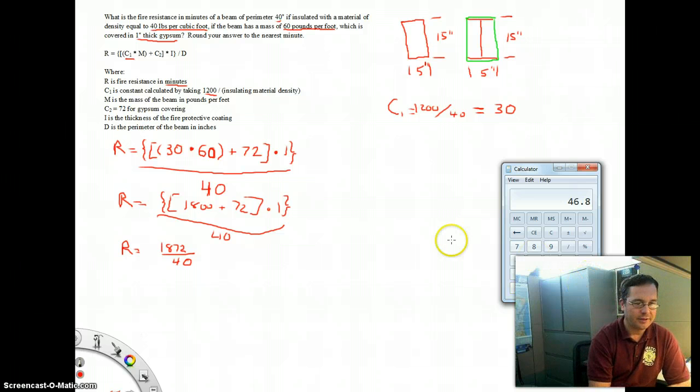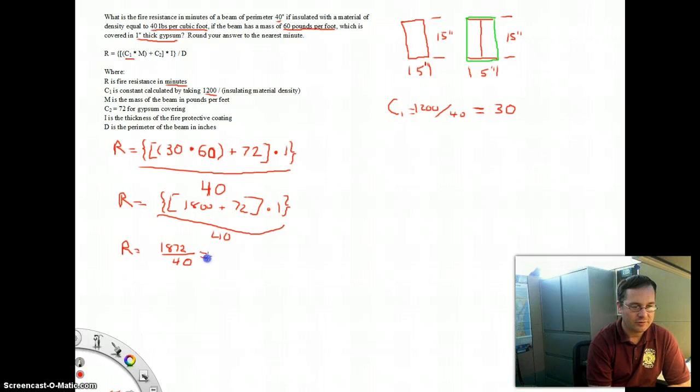And you can see that we get a number of 46.8, which is reasonable. Now, we got to think about what are the units here. Well, the formula tells us that R is given in minutes. So this beam has got a fire resistance rating of about 47 minutes.